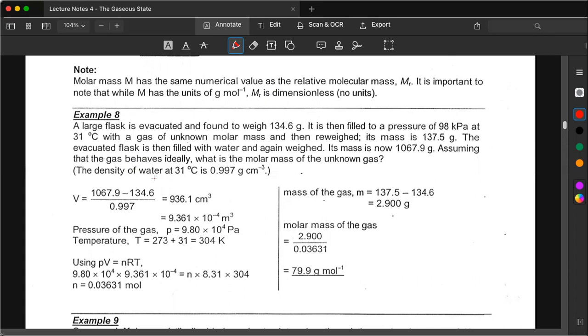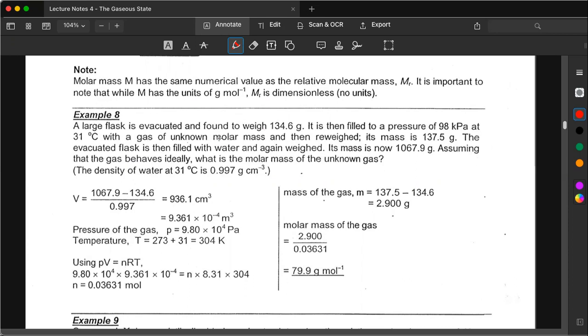So how do we approach this question? How should we start? To find the molar mass, we must first look at what is given in the question. So we first find out the volume, because the ideal gas law has this quantity, volume. But in the question, they've given you density and given you mass. So I will use mass divided by density to determine the volume.